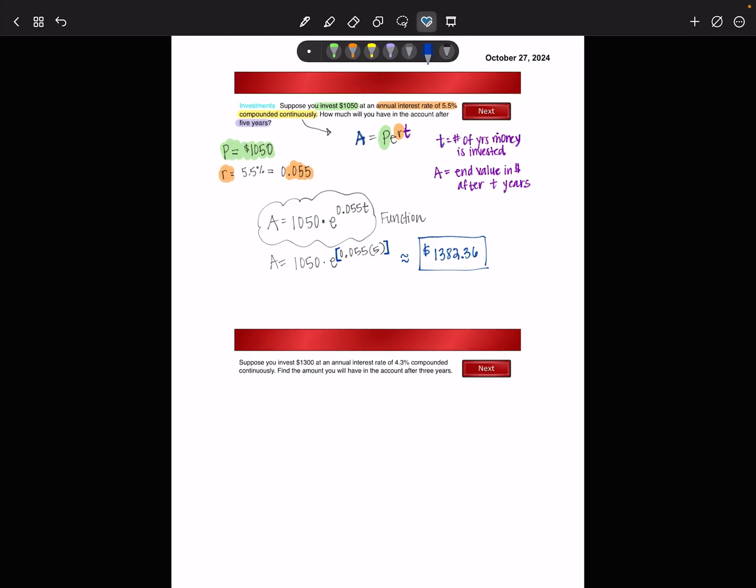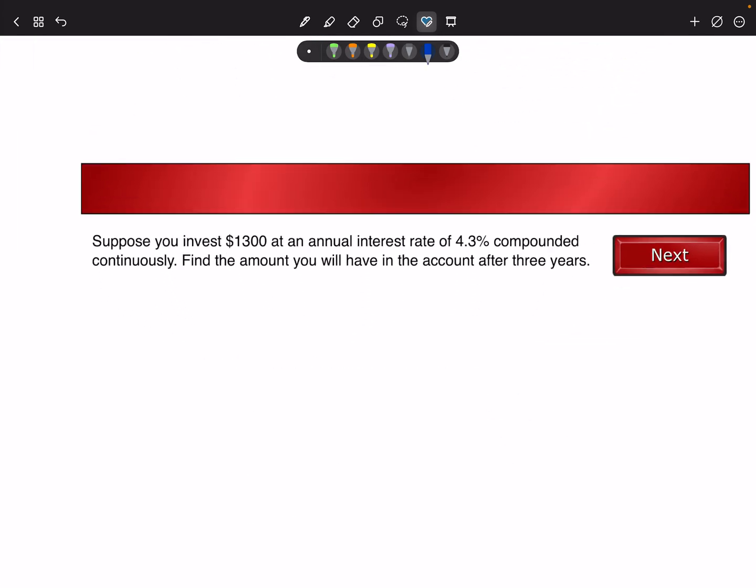Okay, let's try another. Suppose you invest $1,300 at an annual interest rate of 4.3% compounded continuously. Find the amount that you'll have after 3 years. So what I'd like you to do is make sure you highlight, write the function, and then think about the formula that you're going to use. It says compounded continuously.